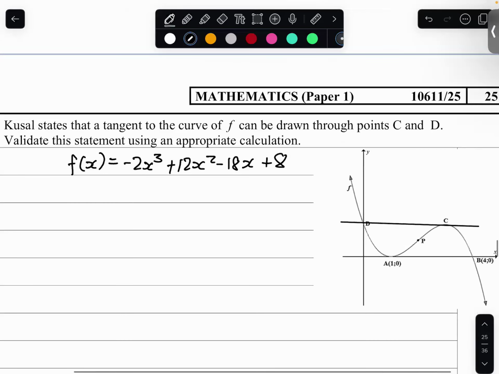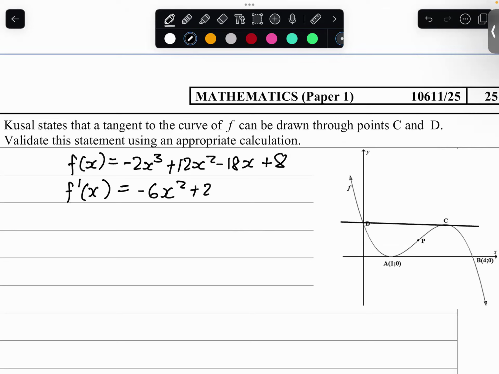Okay, right. If I find the derivative of this, it's going to give me minus 6x squared plus 24x minus 18, right? Right.